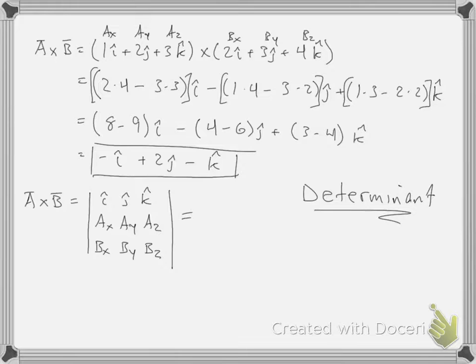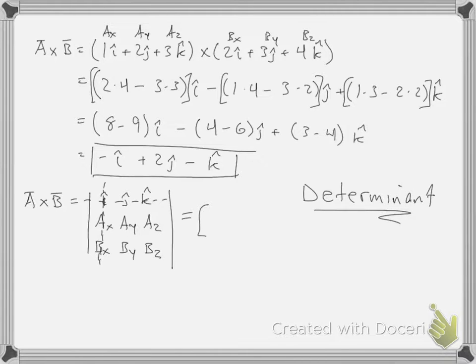Okay? So, let me show you how to evaluate it. We want to ultimately get, or I allege, will get the same thing that I've boxed above. Okay? So, when evaluating the I hat term, we want to effectively cross out temporarily the column and row that intersect at that unit vector.